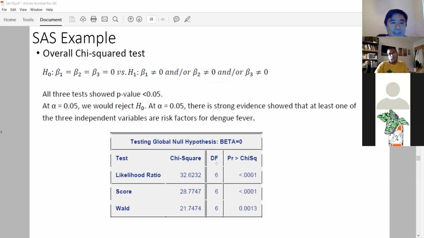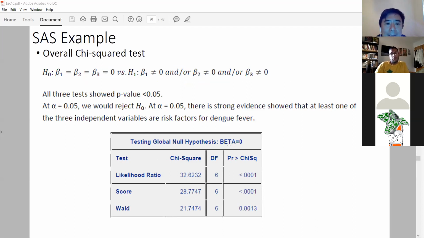And for the testing, there are different tests in the logistic regression. The first test is the chi-square test, which we call the global null hypothesis test. This is similar to the overall F test in ANOVA or linear regression.